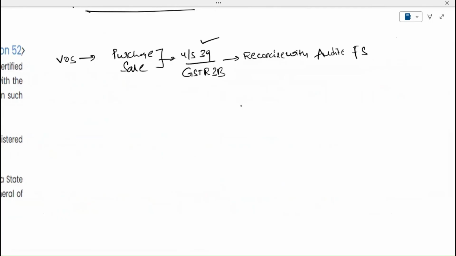My financial statements include balance sheet, P&L account, notes to accounts. Please understand, my notes to accounts is nothing but a disclosure, disclosure with respect to preparation of balance sheet and preparation of P&L. It may also include cash flow statement.